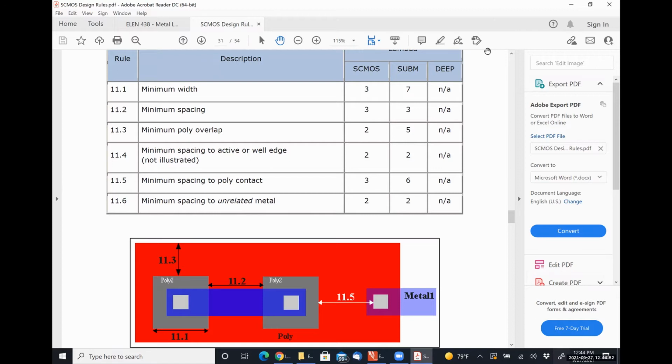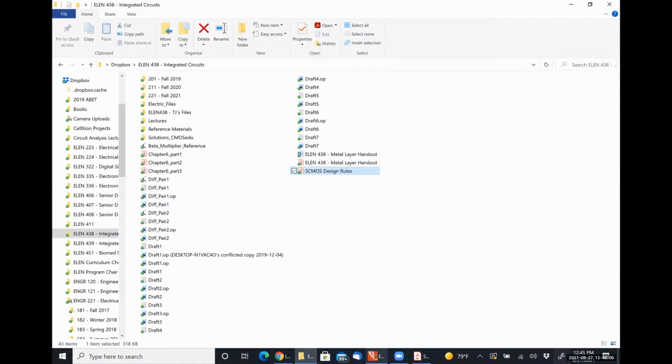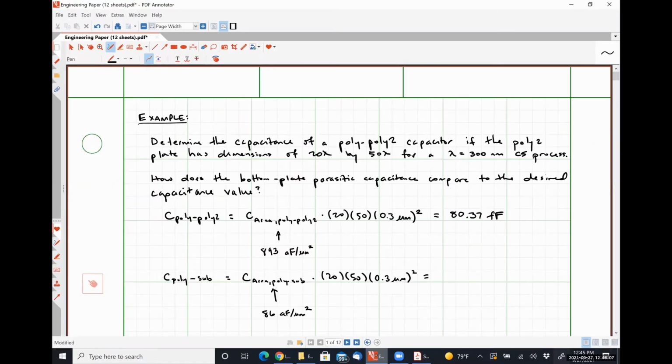So that means it's going to be 10 lambda larger in length and 10 lambda larger in width at an absolute minimum, right? So our dimensions here shouldn't be 20 times 50. What should they be? 30 times 60.